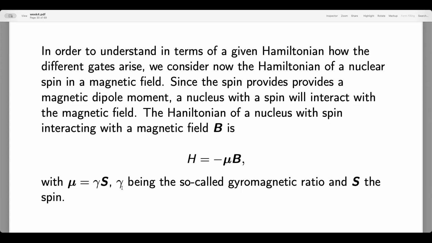And this is called the gyromagnetic ratio, which depends on the specific system you have. For hydrogen, I think that's something like 42 megahertz per Tesla. For carbon, this is something like 10.71 megahertz per Tesla. So this is inherent to every specific system.